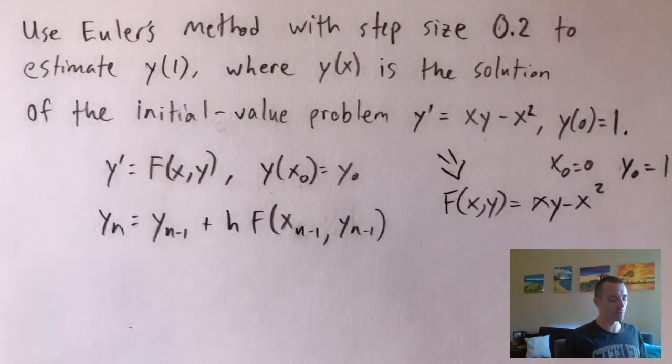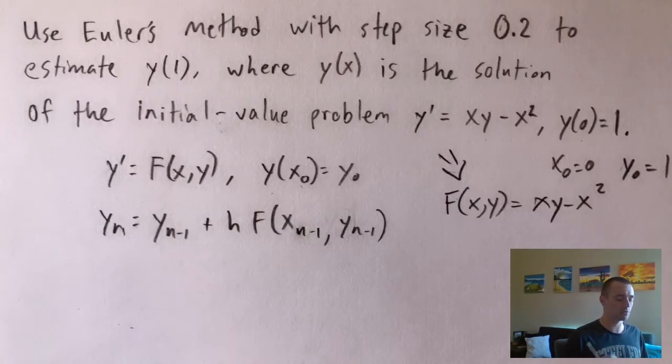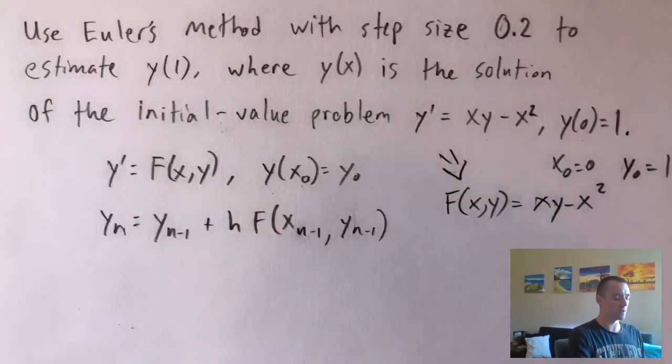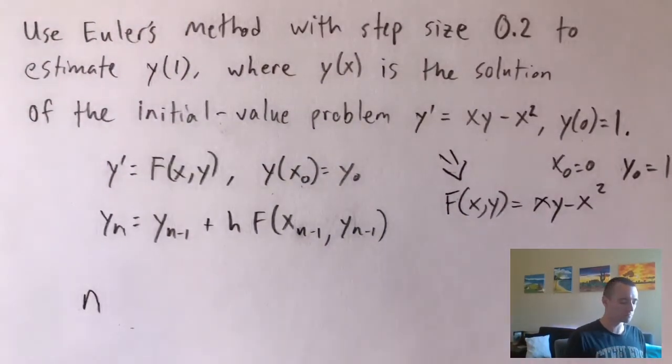To apply this formula, we want to set this up in a table. You could think of this table almost like a Euler's method differential equation calculator, because we're going to go through it piece by piece and use this formula and the table to estimate the next value as we go along, based on the step size of 0.2. So in our table, we're going to start with a column where we keep track of what n we're on.